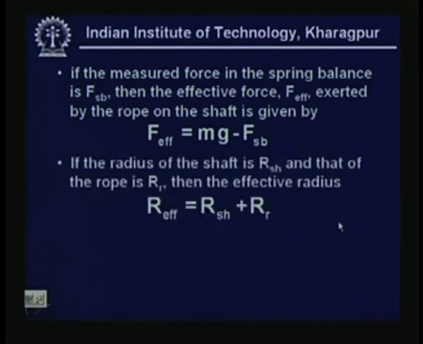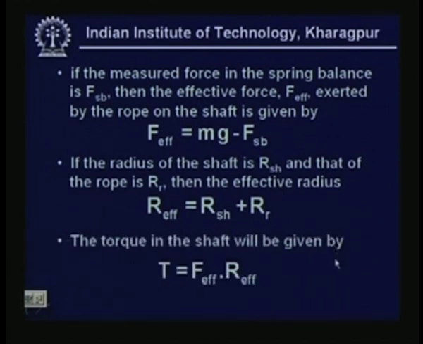If the radius of the shaft is R_SH and that of the rope is R, then the effective radius is R_EFF equal to R_SH plus R, the radius of the shaft and the radius of the rope. So, I can write the torque in the shaft as T equal to F_EFF into R_EFF, obviously in Newton meter, right.